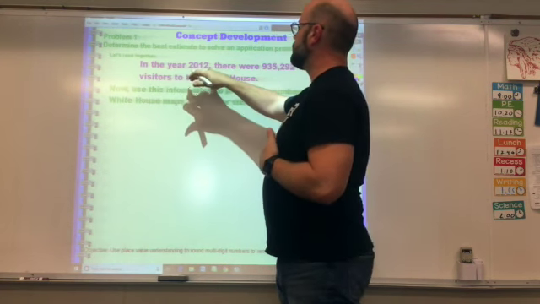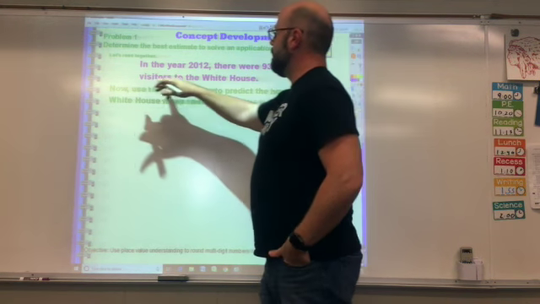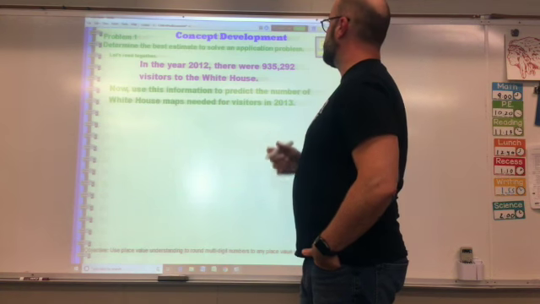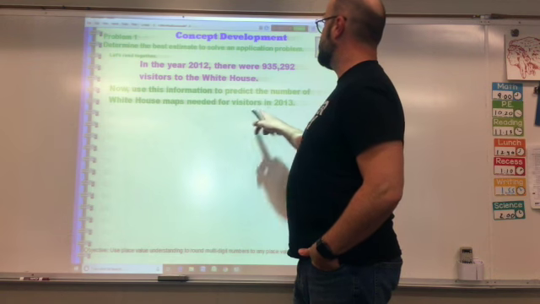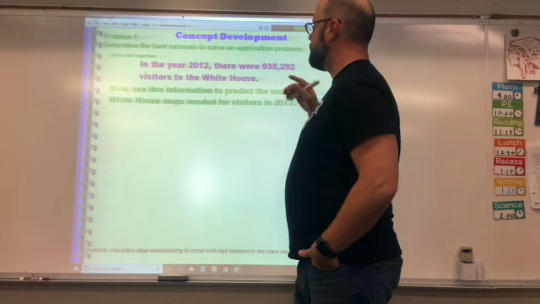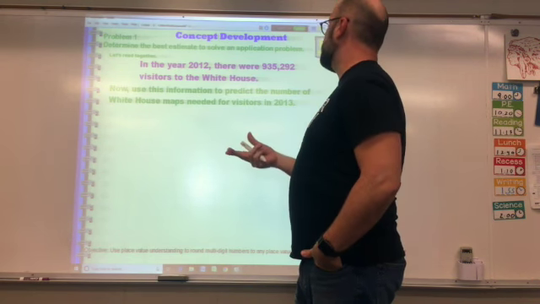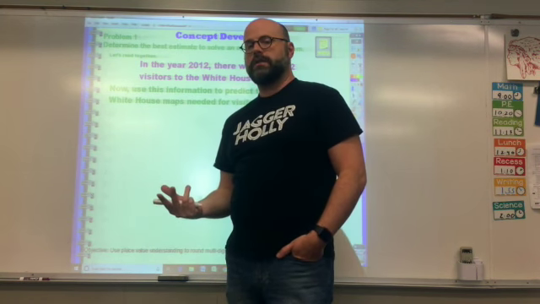In the year 2012, there were 935,292 visitors to the White House. Now use this information to predict the number of White House maps needed for visitors in 2013.